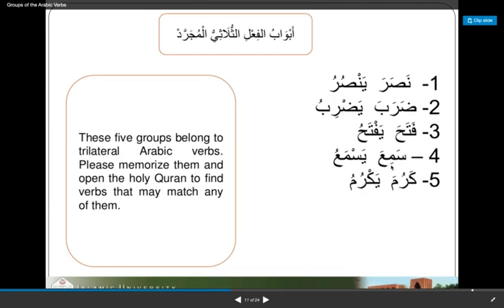So the change is within the simple past. Here we have sami'a, but yasma'u and yaftahu are the same. And the fifth category we have karuma, with fatha, dhamma, fatha.